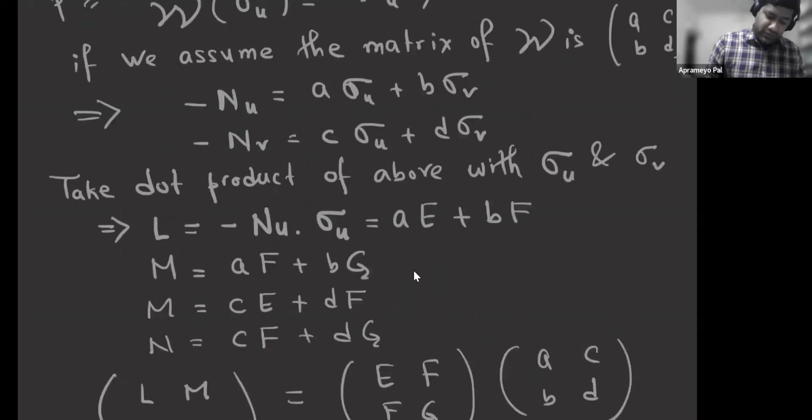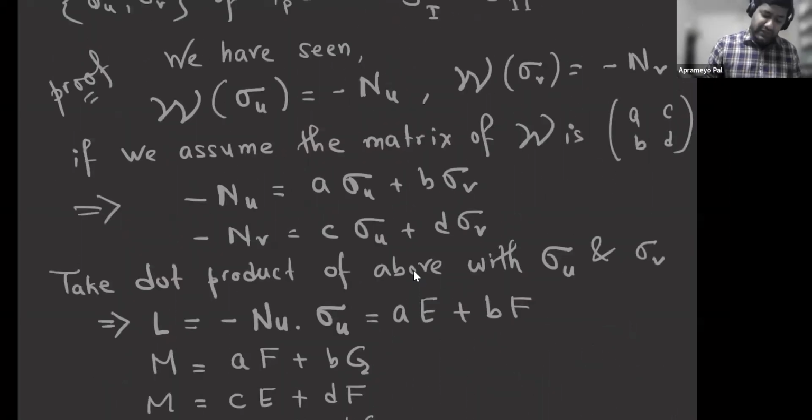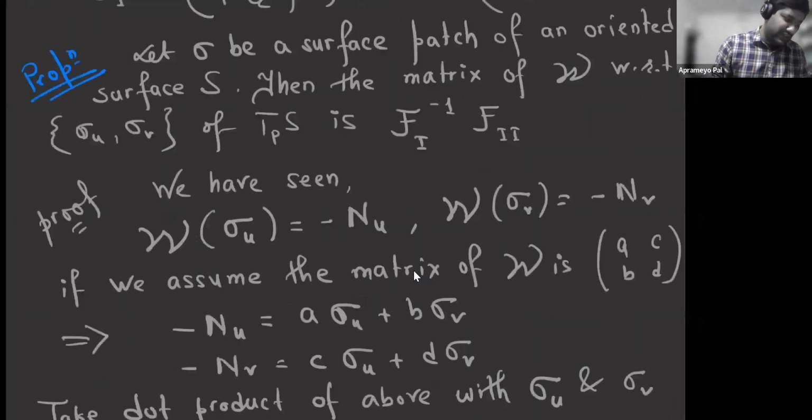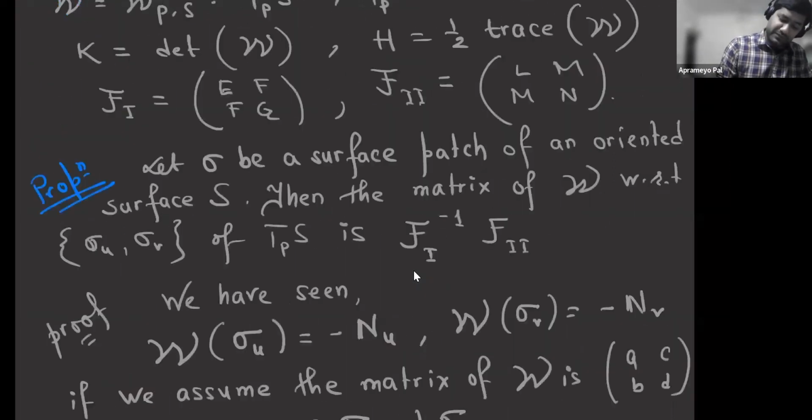Good. So once we have this, then we can get a very nice corollary. I am saying nice because this will enable us to compute many different Gaussian curvatures explicitly.